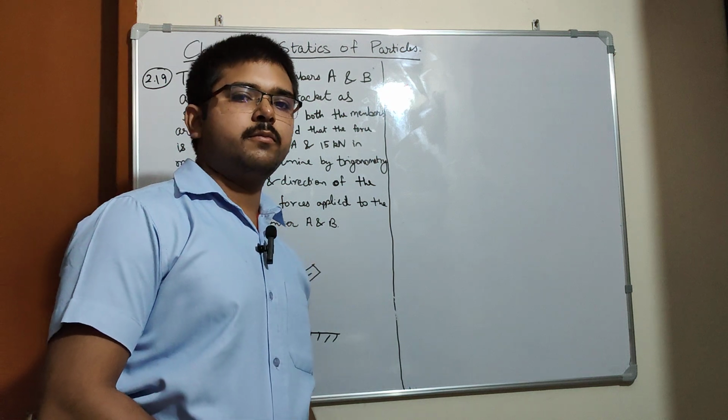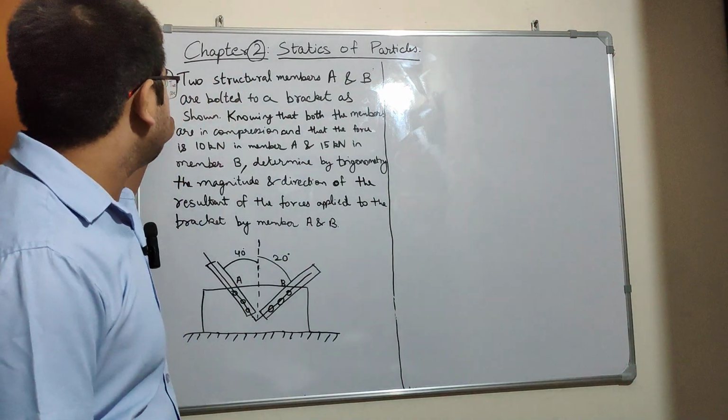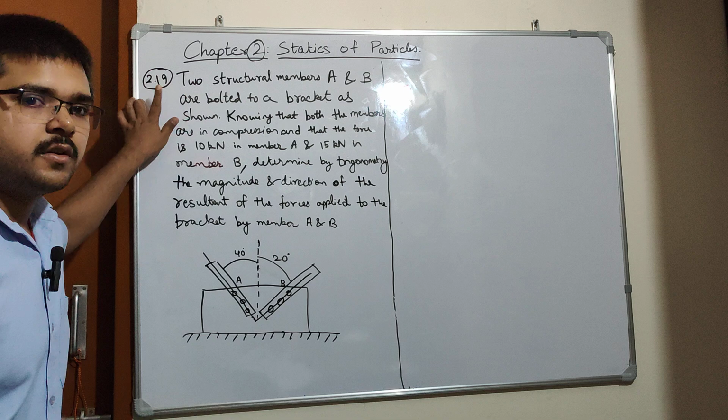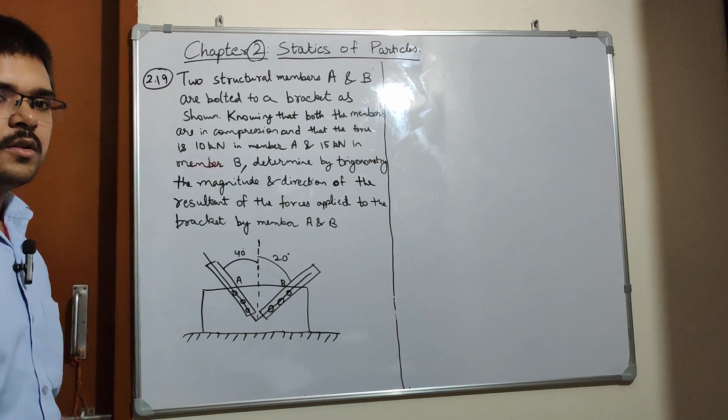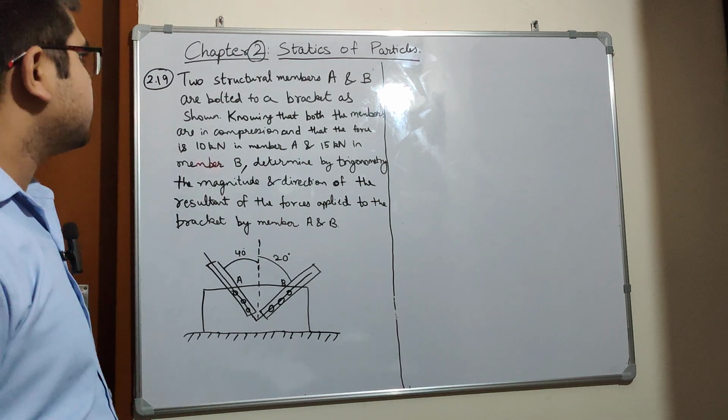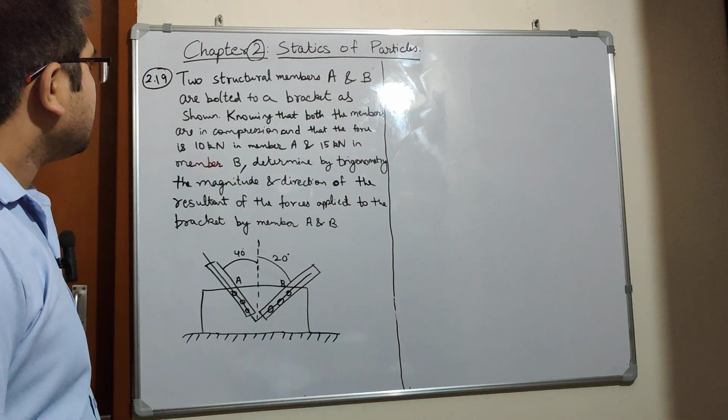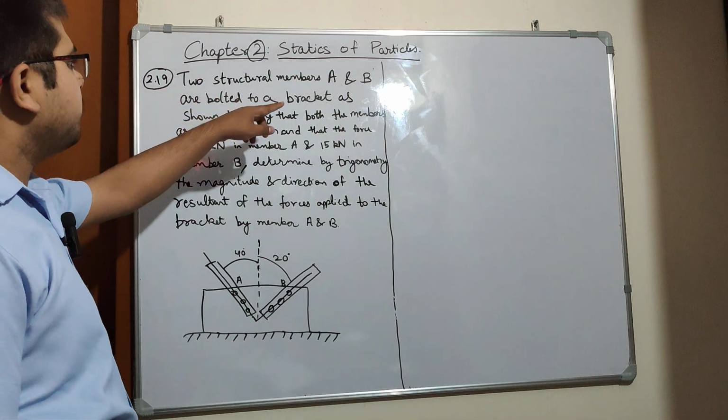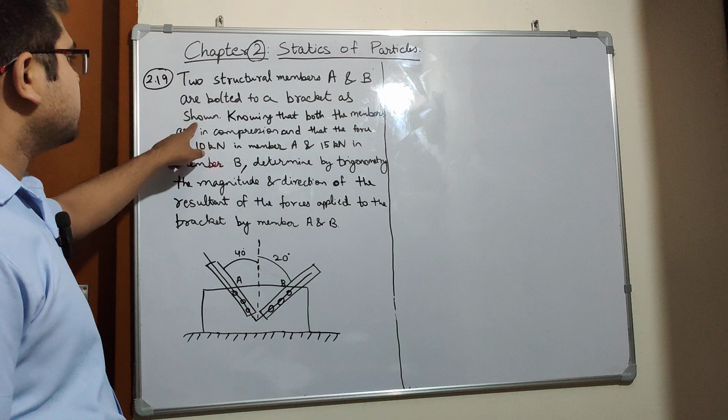Today I will be solving problem number 2.19 of Beer and Johnson. So this problem states that two structural members A and B are bolted to a bracket as shown.